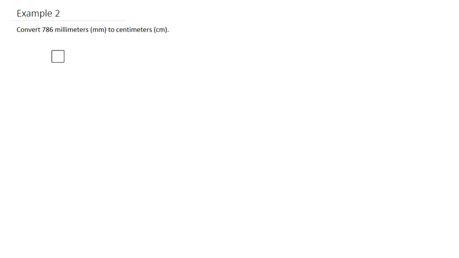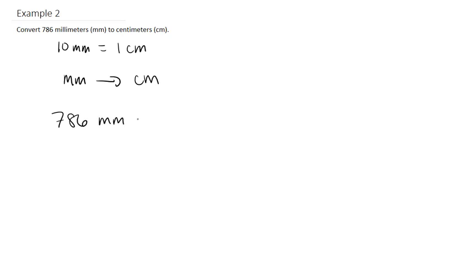Example 2. Convert 786 millimeters to centimeters. So we know we need to go from millimeters to centimeters. And we know 10 millimeters is equal to 1 centimeter. So let's set up our problem. We have 786 millimeters.